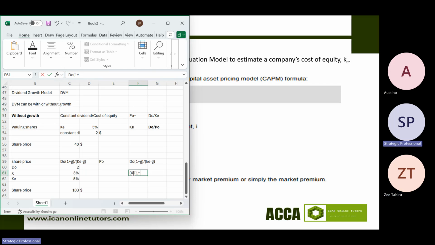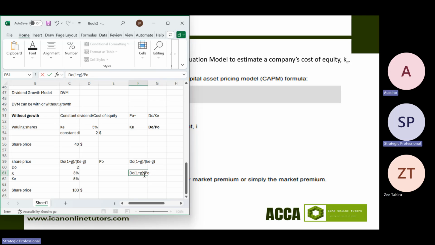Then minus G. So the minus G is not down with the PO. It will be separate. Do you understand?